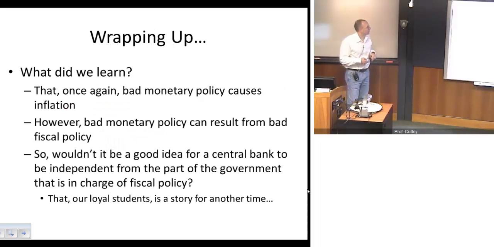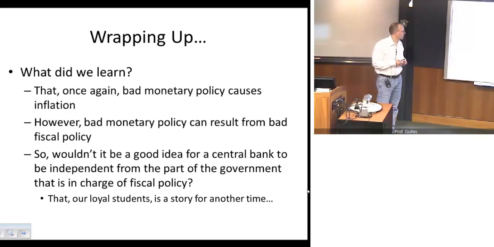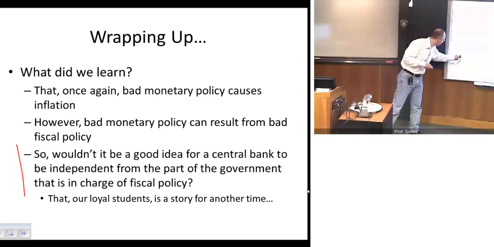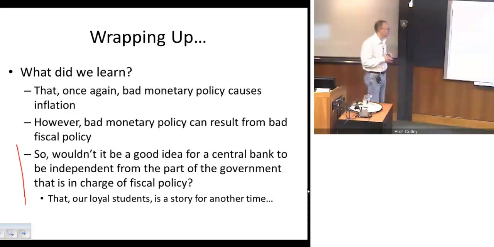So here's what we learned here today. We already knew that bad monetary policy causes inflation, but now we know that bad monetary policy can result from bad fiscal policy. And so here's a crucial question we want to think about, and again, this is a topic for a future video.